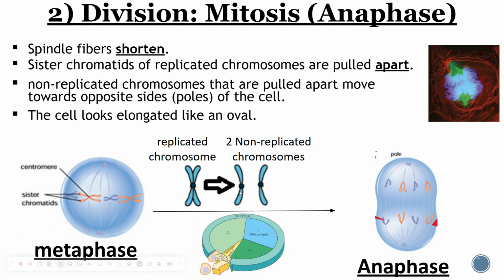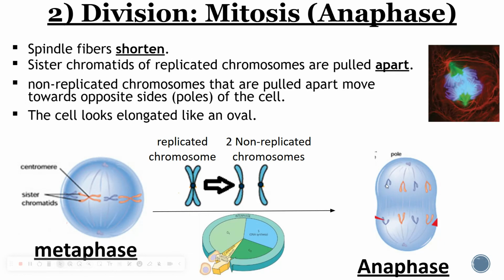But they're called non-replicated or non-duplicated chromosomes because they're no longer made up of 2 DNA each. They're just one DNA each. And you can see that they're going towards opposite sides of the cell, towards opposite poles.